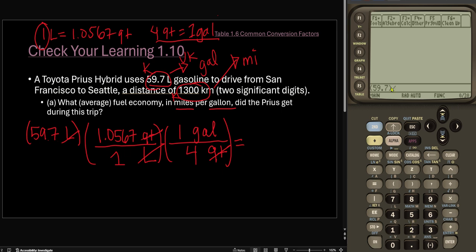Okay, so 59.7, that's our starting value. Now, do we need to divide? We don't, so I'm going to delete that. What we need to do first, I'm going to do this first. You could do it in a different order if you want. I'm going to multiply this by 1.0567. I don't need to actually do the divided by 1 because it's just going to give you the same answer. I always do one operation at a time. So that's my first part.